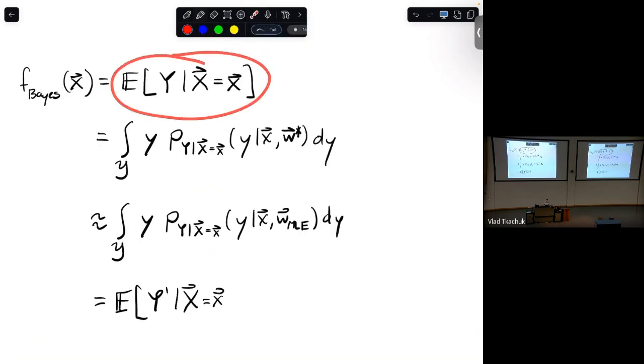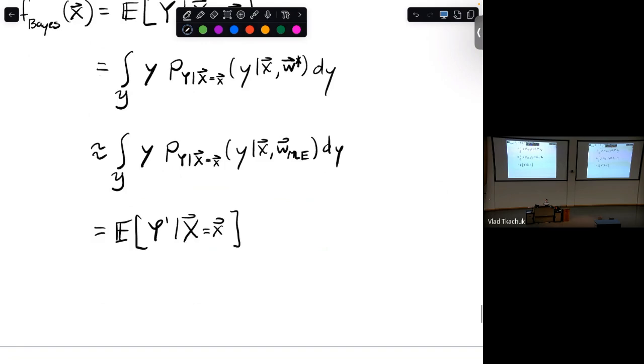But now the y is different. The y prime given x equal to this little x is going to be distributed based on a normal distribution that has mean x transpose W MLE now, and variance 1.